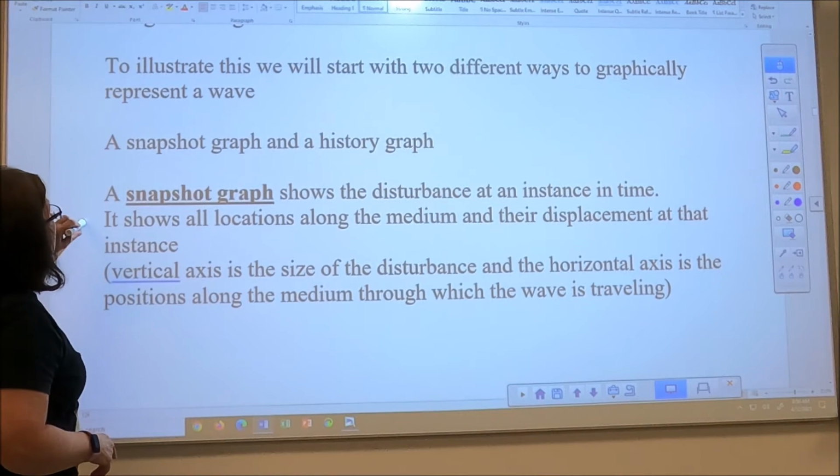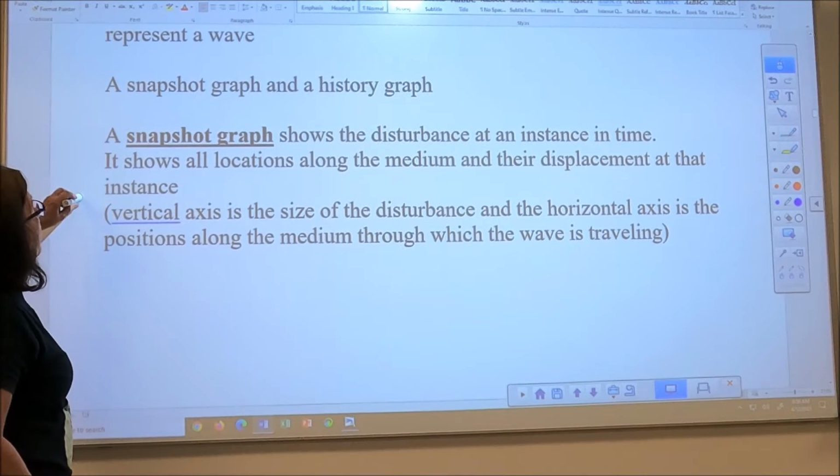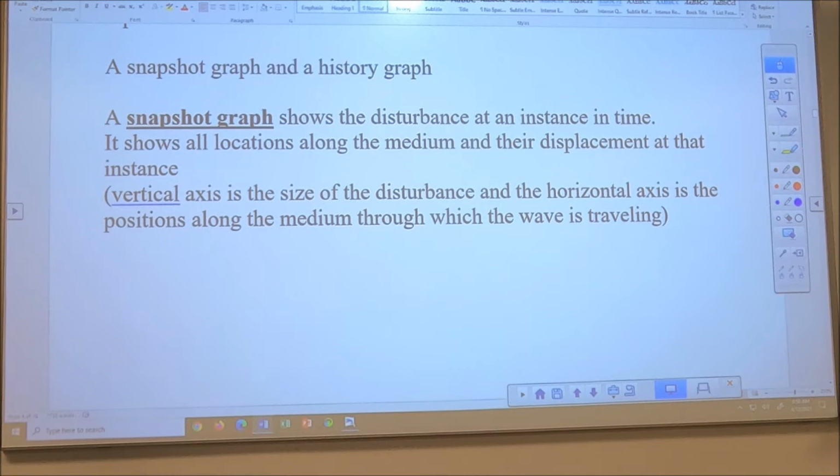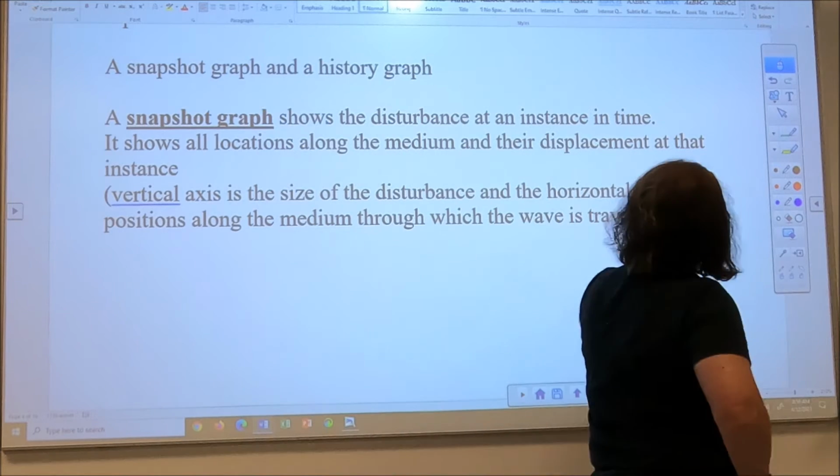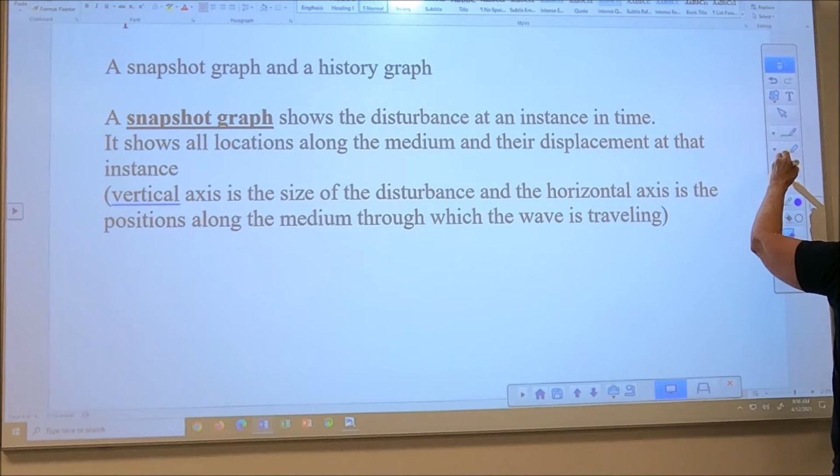Okay? Now, anytime we look at a wave, we can look at snapshot graphs and history graphs. A snapshot graph shows the disturbance at an instant in time. So where something is at 1 second, 2 seconds, 3 seconds, 4 seconds. It shows all the locations in the medium and their disturbance at that moment. Okay? The vertical axis is the size of the disturbance, the horizontal axis is position, and always up in the corner you'll have something that says what time it is.